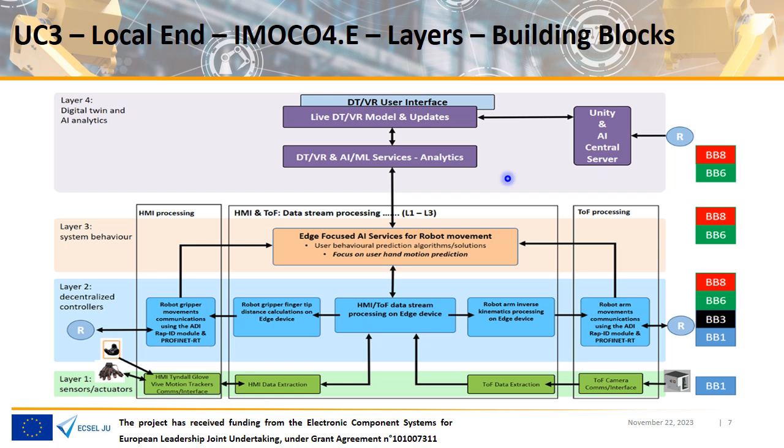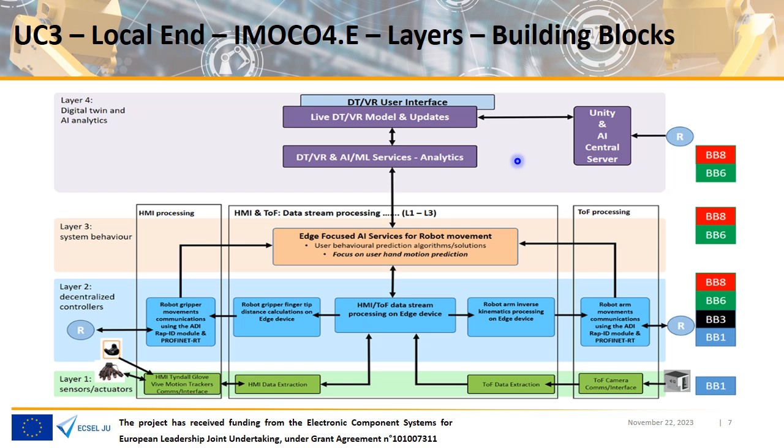One of the things we didn't discuss is building blocks. Building blocks are core to the IMOCO architecture, and there are 10 building blocks. I won't go into each one, but our use case primarily relates to building block 1, which has to do with edge components. We work in building block 3, which is novel sensors, so various types of sensors, and building block 8, which is AI algorithms.